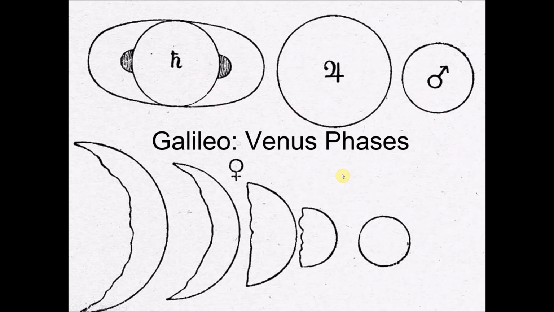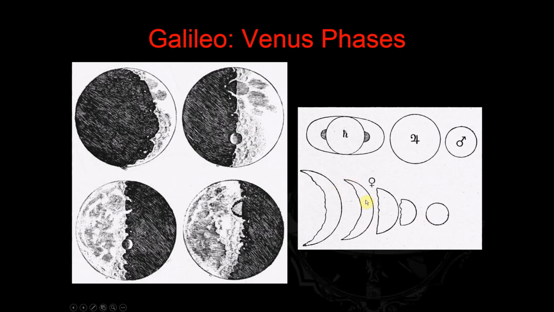But one of his main observations was the phases of Venus. Here's Venus in full, half, and then as it waxes or wanes, you'll see crescent phases of Venus. So you can see the phases of Venus versus the phases of the moon.